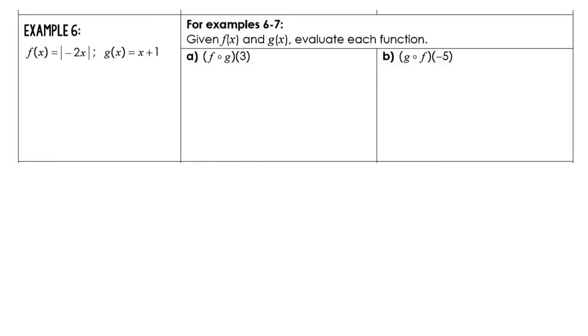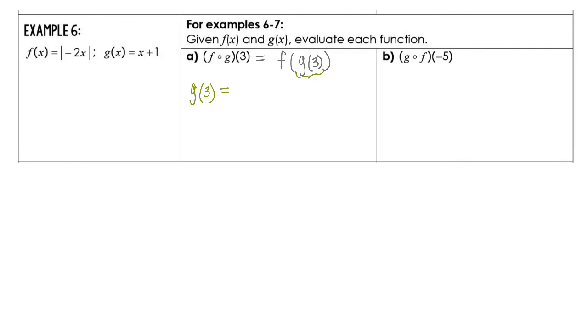Okay, so for the next part, we will be evaluating, and so we definitely need to remind ourselves of what this should look like. It is f of g at 3, and keep in mind your order of operations would insist that you start with the inside most. So we need to start with finding the value for g at 3.